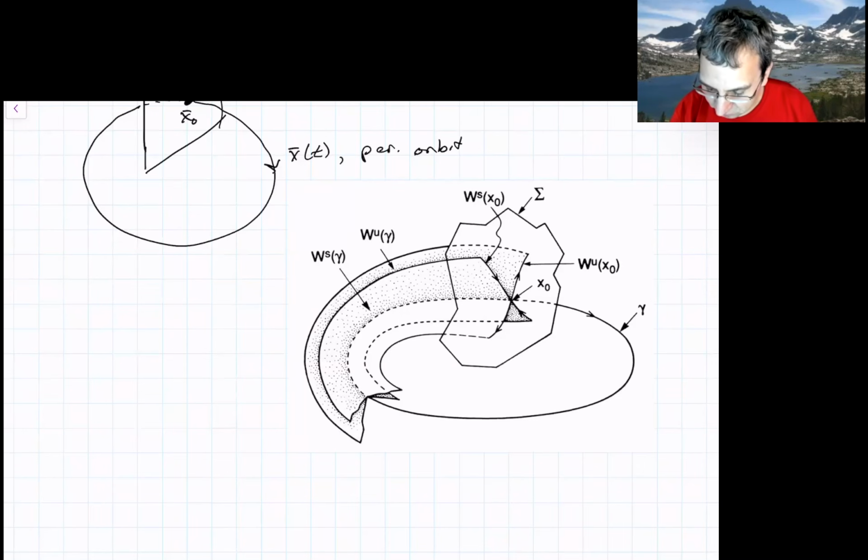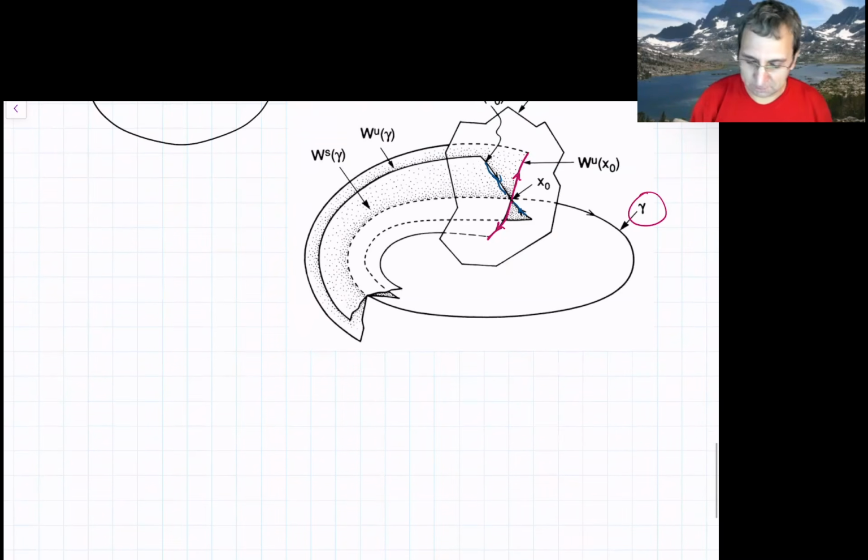So this shows an initial condition, x naught. He's calling the periodic orbit gamma. And then we have unstable directions, two branches. This even shows some curvature, not straight lines, because if you follow these things out, they will curve. And then there's a stable direction.